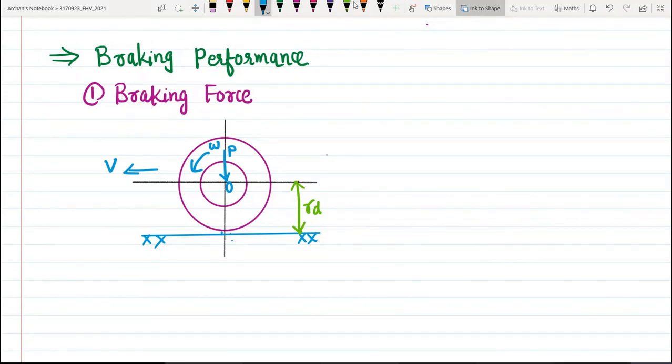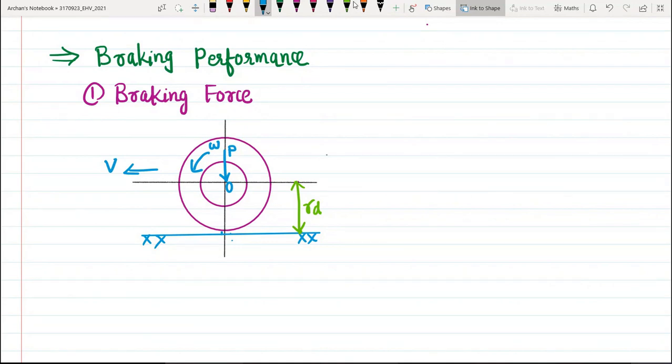When the brake pad is pressed against the brake plate, it will develop a frictional torque on the brake plate. This braking torque will result in a braking force in the tire ground contact area. It is just this braking force that tries to stop the vehicle.